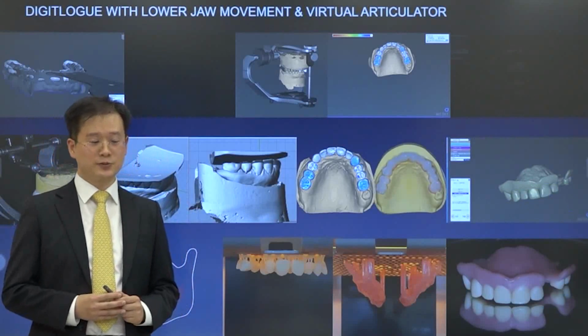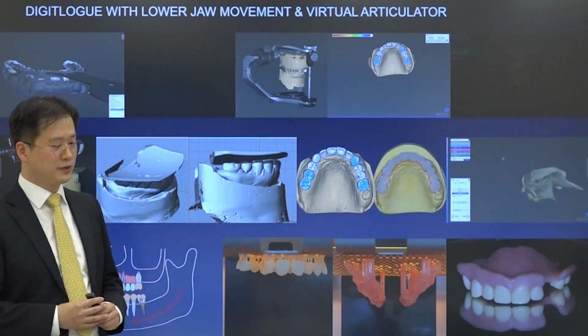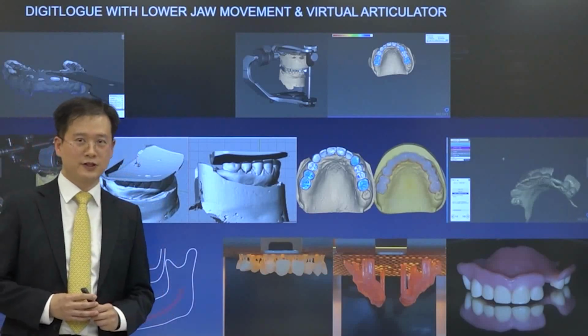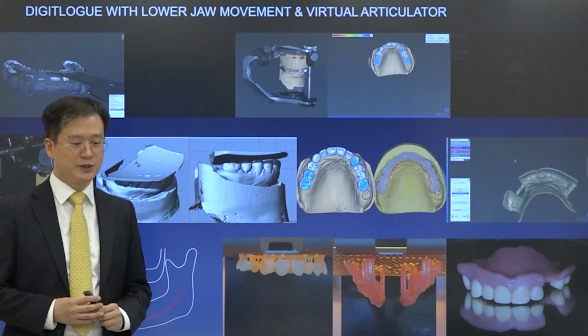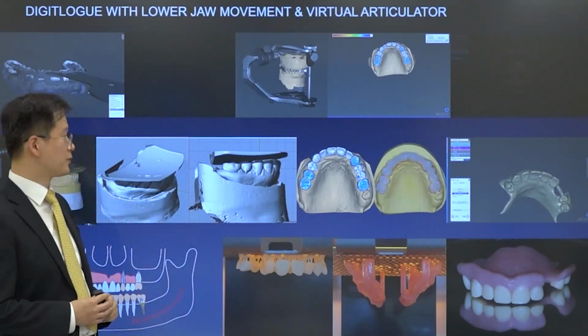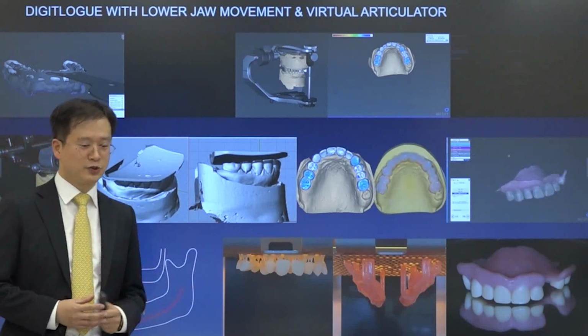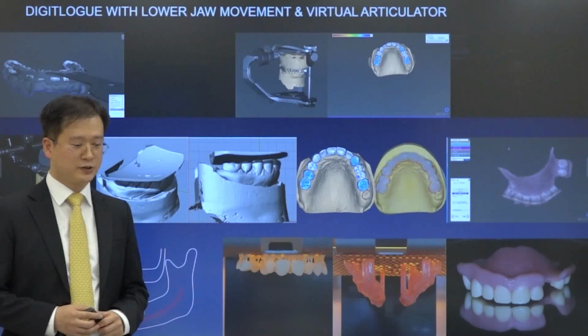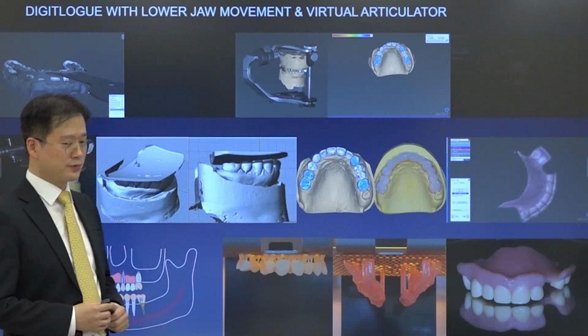If the occlusal plane is uneven, it is flattened with a virtual occlusal plane device. The design result is milled into wax and attached to the articulator-mounted models for verification. They also design provisional dentures on CAD software and manufacture them with a 3D printer or milling machine.